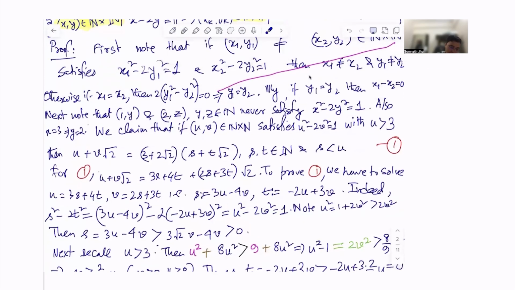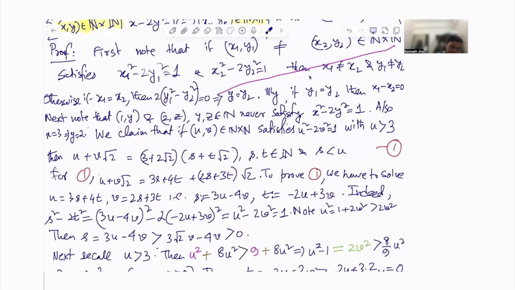So there exist s and t, and s square minus 2t square equal to 1. Okay?